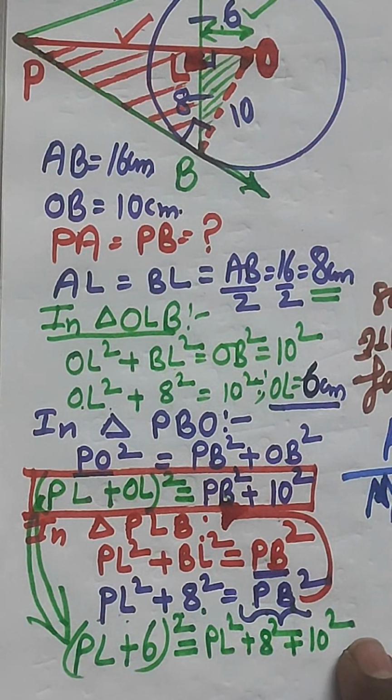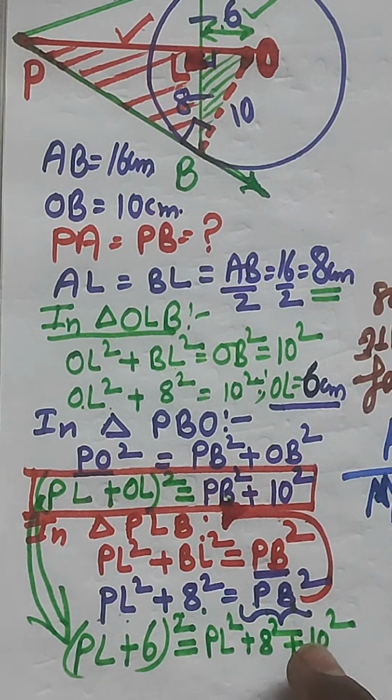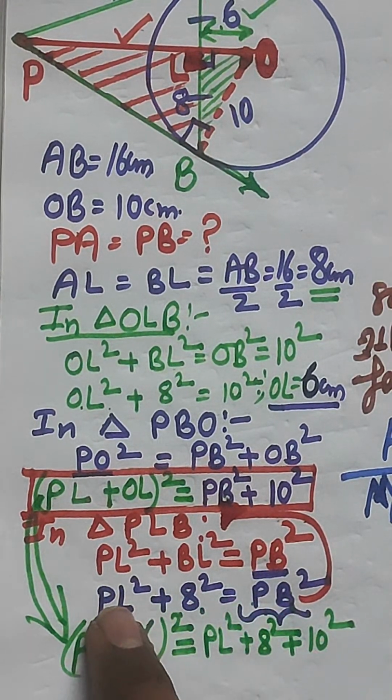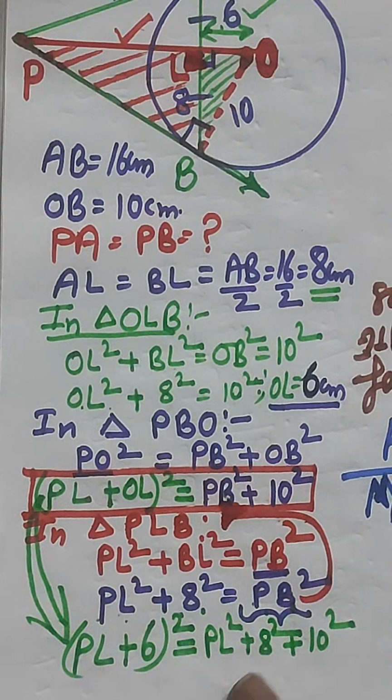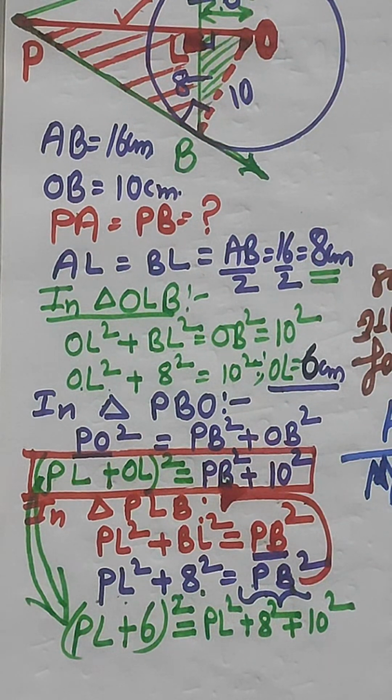Now you can see this is only one equation in the form of PL. Only one variable is there. We have substituted the value of PB in terms of PL. By using the substitution method, we have arrived at this equation, and we can simplify it.